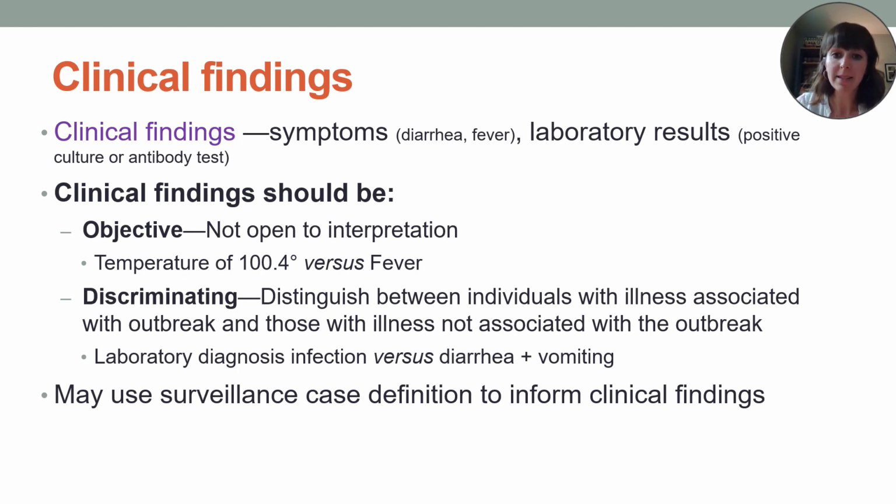But you might not have access to that specific temperature information, at which point you may just use the term fever, understanding that this could be really subjective with different people defining it in different ways or even using different measurement tools. So maybe I define fever as anything 99 degrees Fahrenheit or above, but someone else defines fever as anything 101 degrees Fahrenheit and above. So it can make it difficult, and it's not quite as discriminating, but it might be the only information you have.